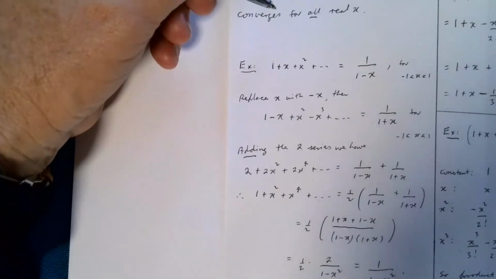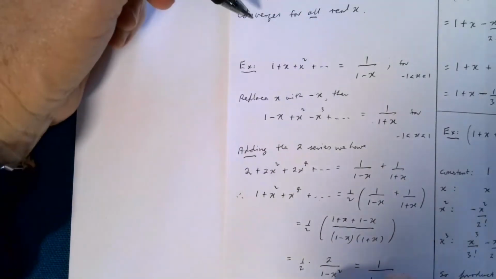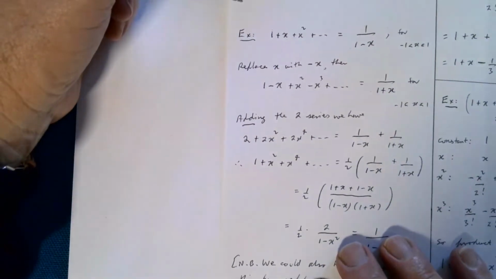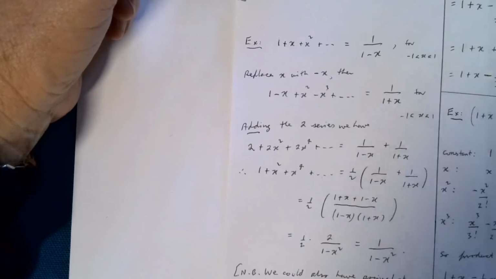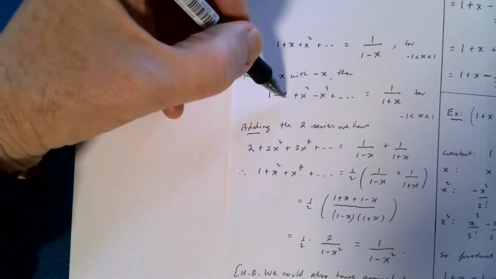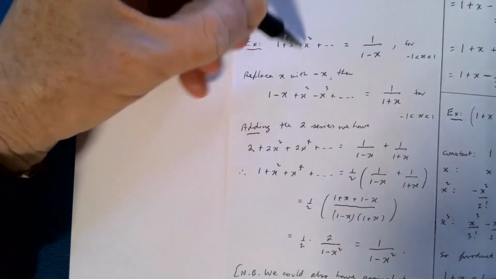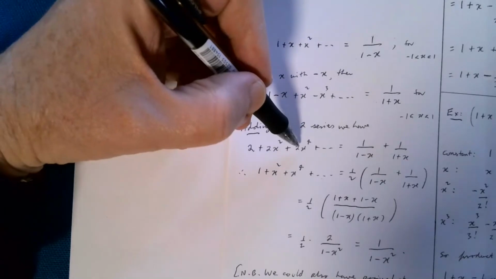Now I can play with these two series. I'm asked to find this series here. I can add the two series together, and everything will still work, everything will still converge. When I add the series, I get 1 plus 1 is 2, minus x plus x cancels out, x squared plus x squared is 2x squared, the next terms will cancel.